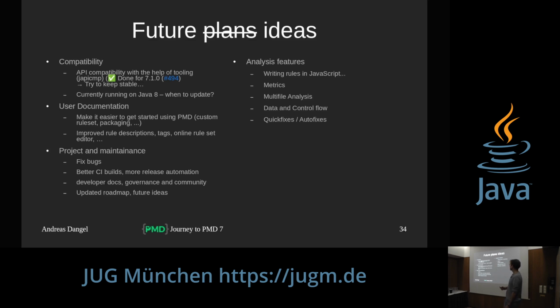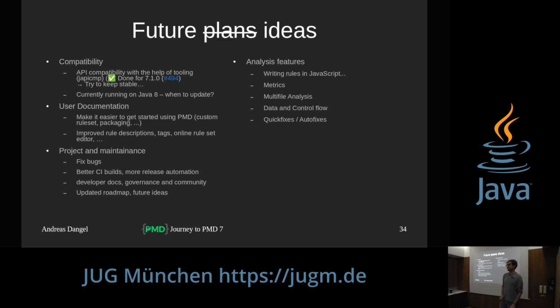The first part is, you can write custom rules in Java and XPath expressions. Recently, someone tried to integrate JavaScript because, at least in his environment, they don't know XPath. It's too difficult.